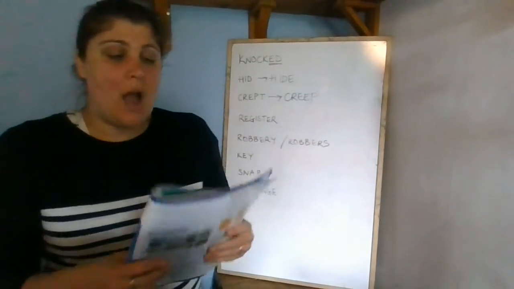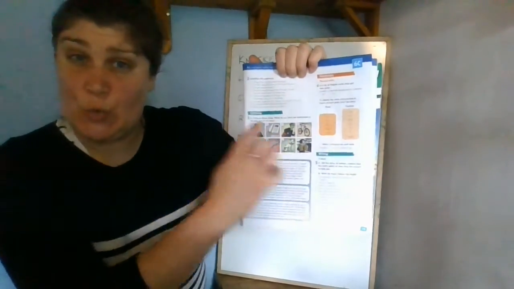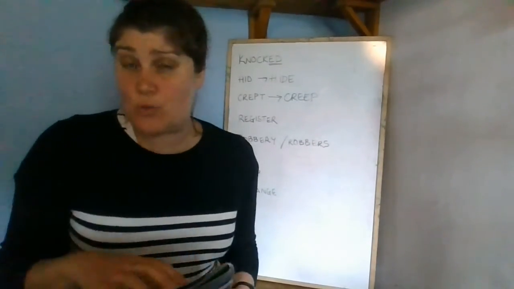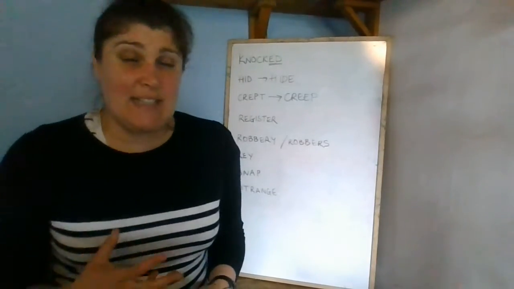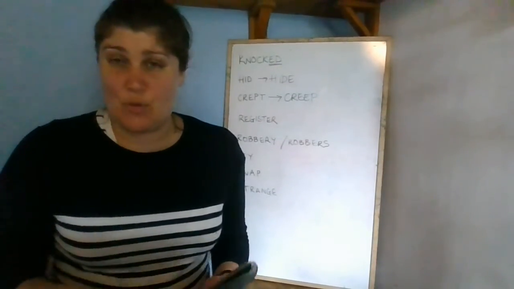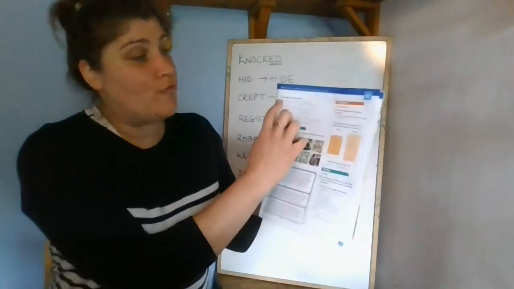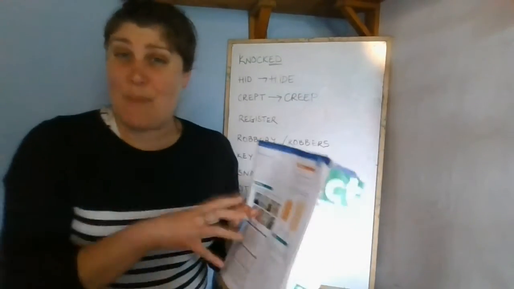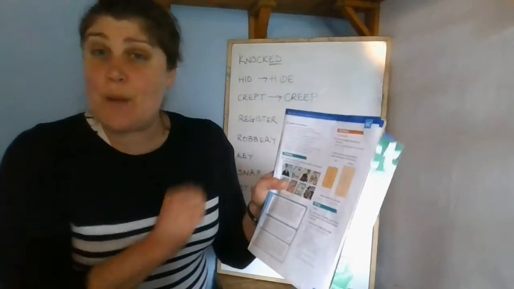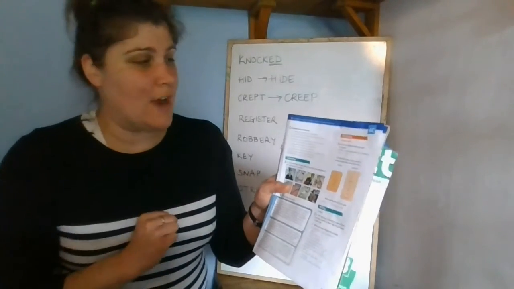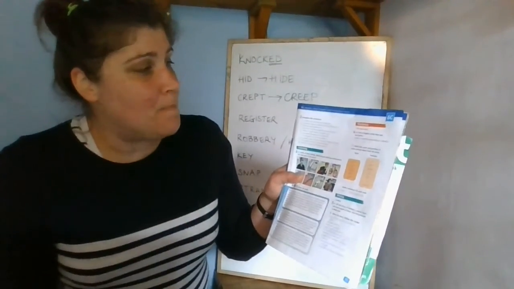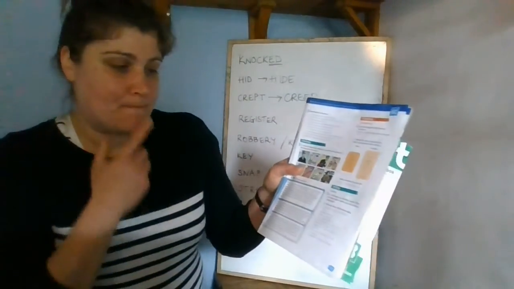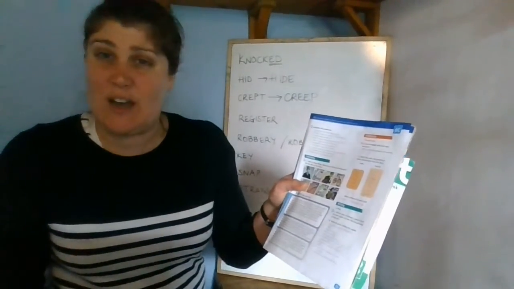Now I'd like you to look at exercise 2. We have here 10 sentences about the story, but the sentences are not complete. So I'd like you to read the sentences and complete them. Let's do number 1 together. Number 1, Ashley went to school early because... Why did he go to school early?